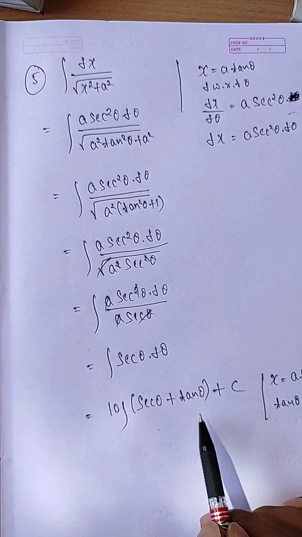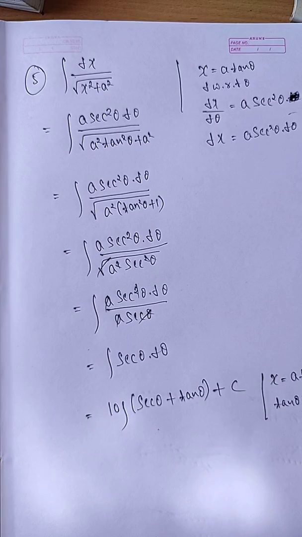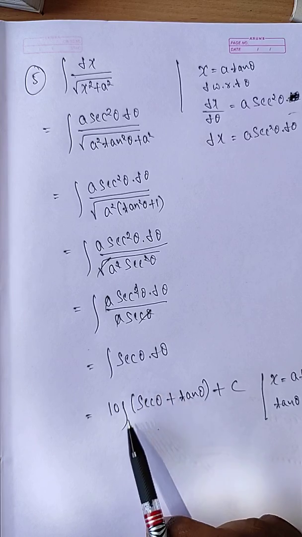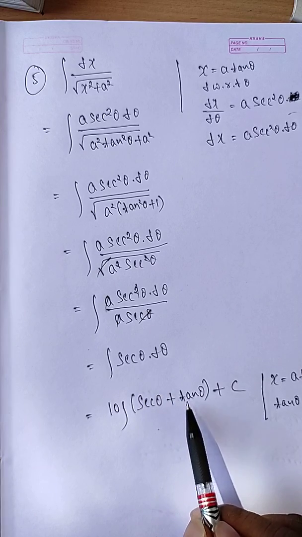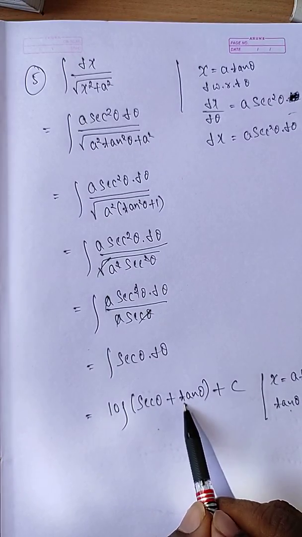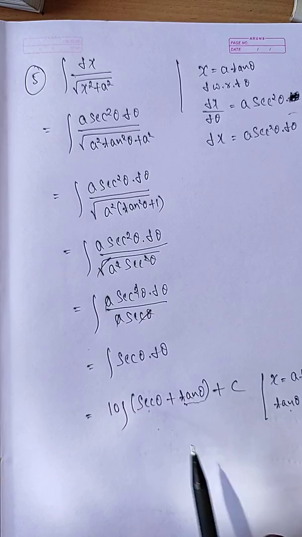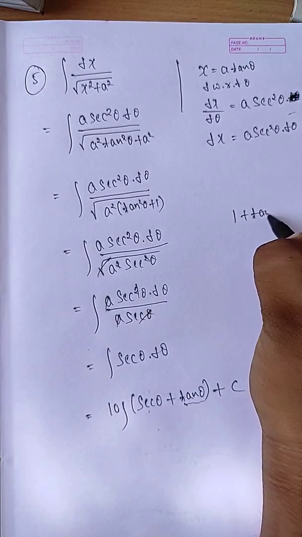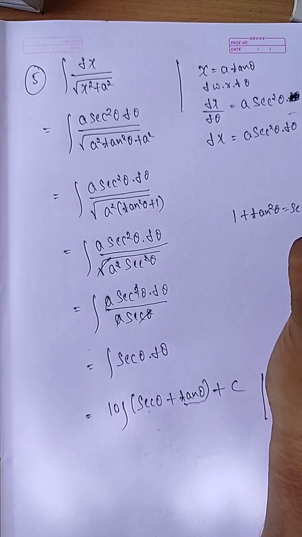So how to write it in the standard form? Here the integration of secant theta is log of secant theta plus tan theta. We know that x is equal to a tan theta, so we can replace tan theta as x by a. What about the secant theta? We know that 1 plus tan square theta is equal to secant square theta.